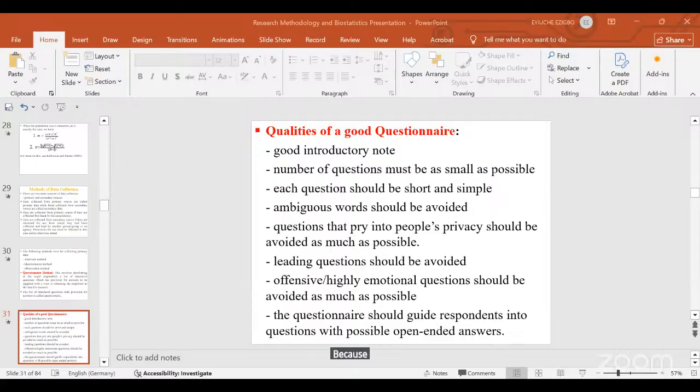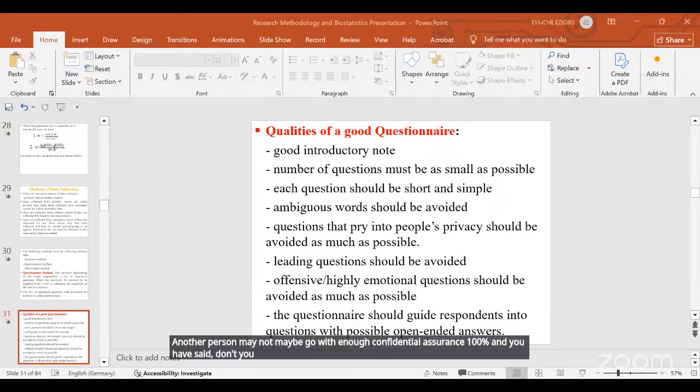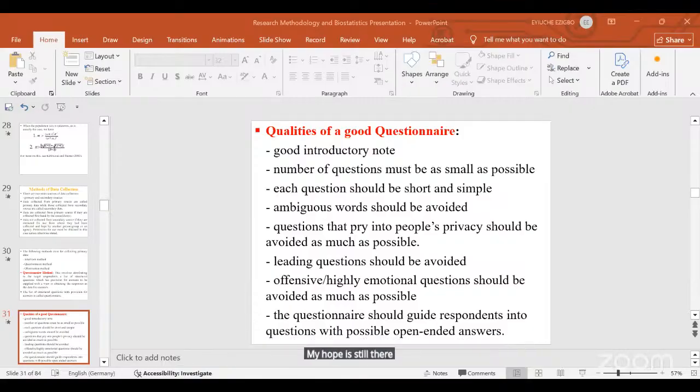Because the person doesn't exactly know, even though you have assured the confidentiality, the other person may not go with that confidential assurance 100%. And you have said, don't you think? And the person will say, yeah, yeah, I think it is so. I hope it's clear. And in such a situation, the person's mind, he has not presented it to you.